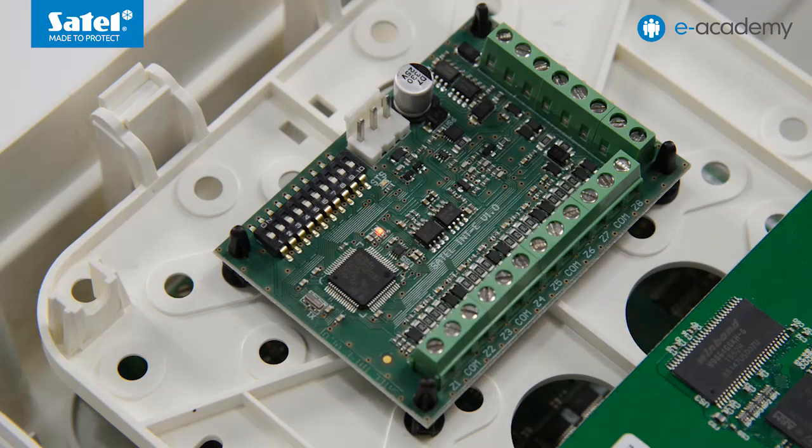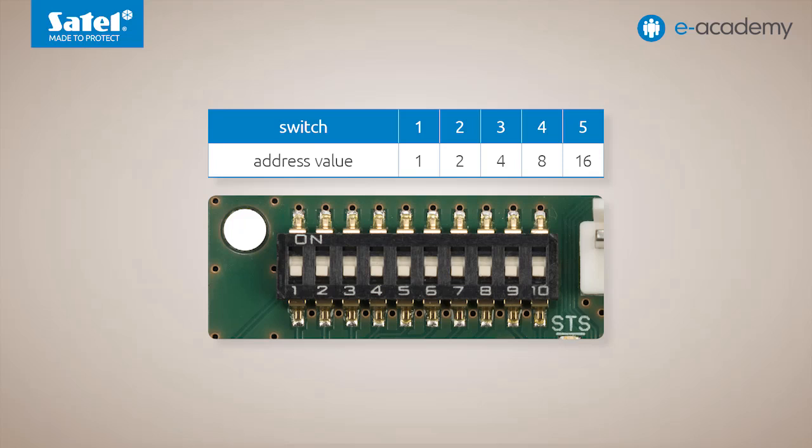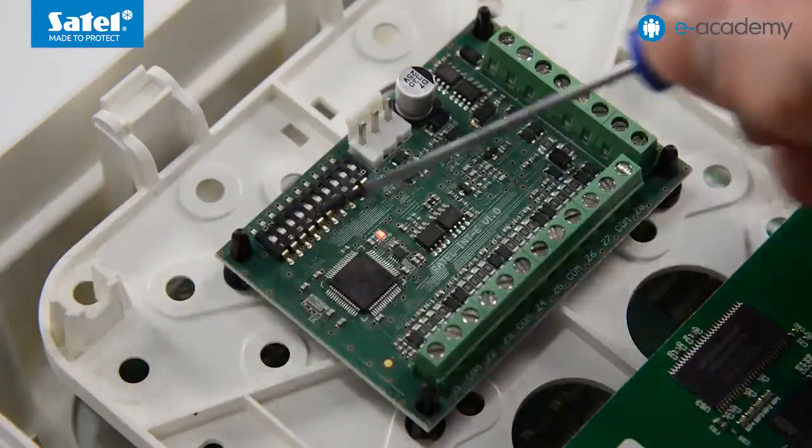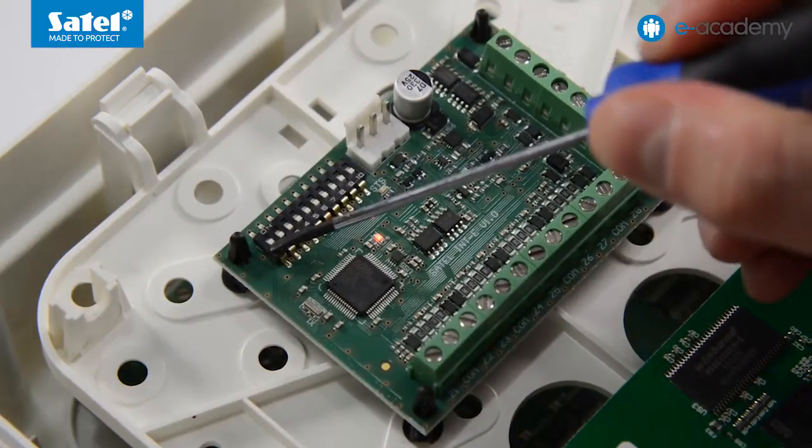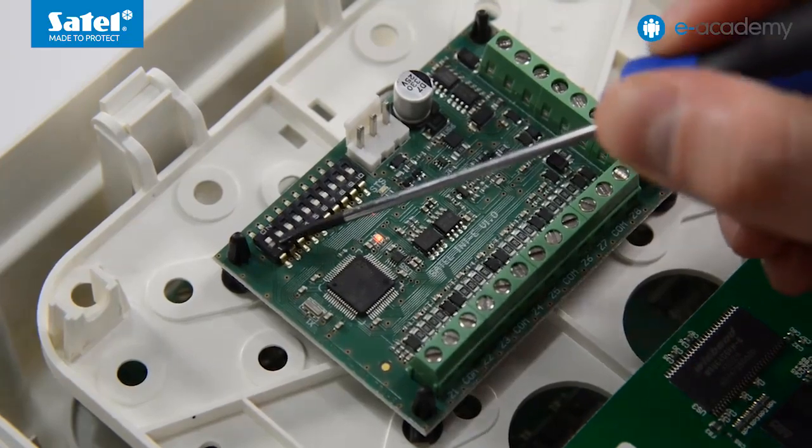Each of them is assigned a numerical value. In the off position, it is 0. Numerical values assigned to individual switches in the on position are presented in the table. The sum of numerical values assigned to switches 1 to 5 is the address to be set for the module. To set the address 3, you must set the first and second switches to the on position.